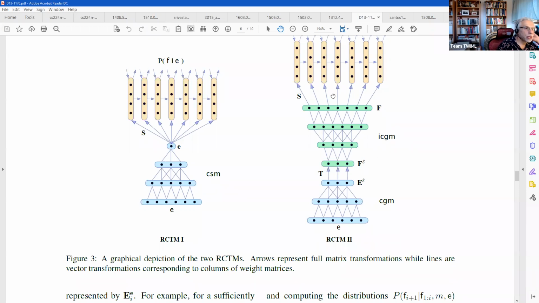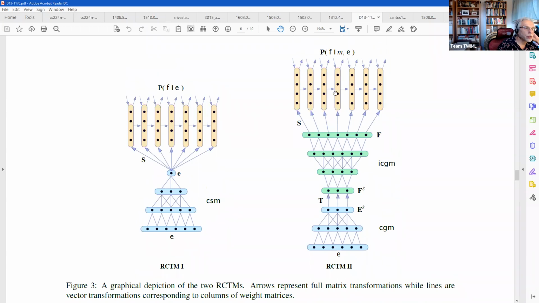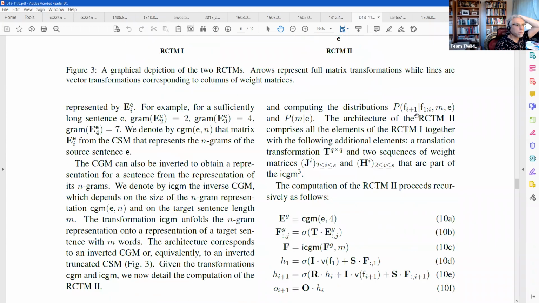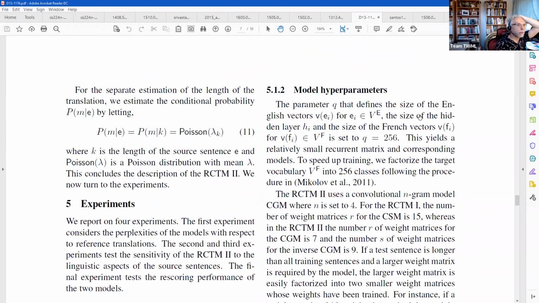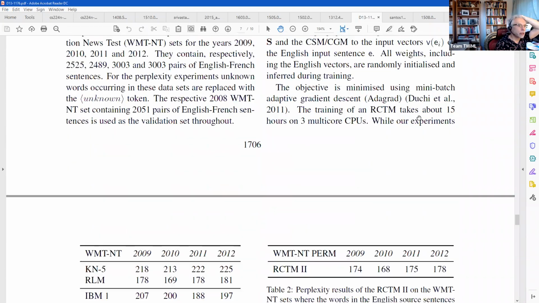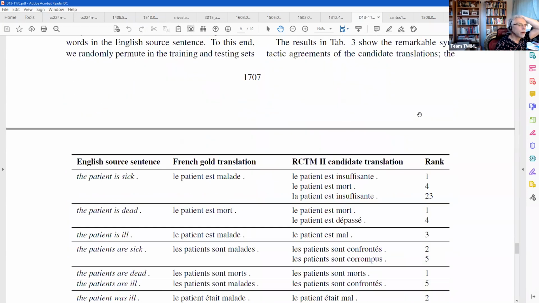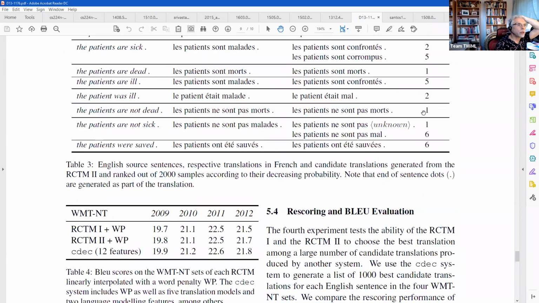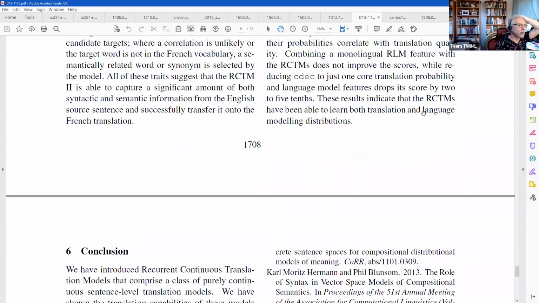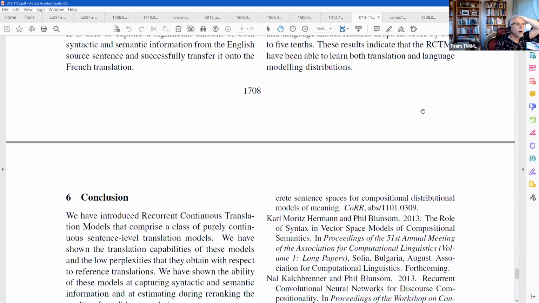So this gets mapped into the RNNs, which do the translation. Not much more to get out of this. And they talk about some experiments they've done, English-French translation. Okay, I don't think we need to look at this anymore.